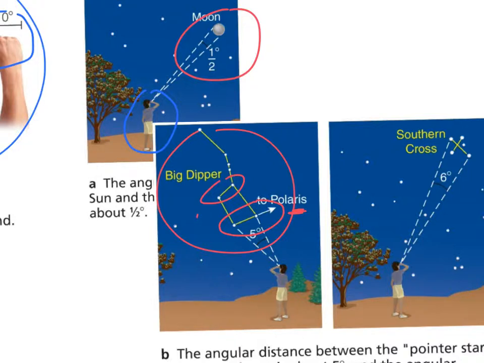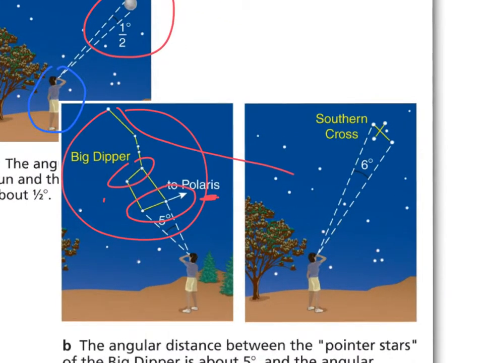If you extend your hand, it will be a half of your hand, because your whole hand is 10 degrees. We're not privy to it, but this constellation called the Southern Cross actually is 6 degrees from tip to tip.